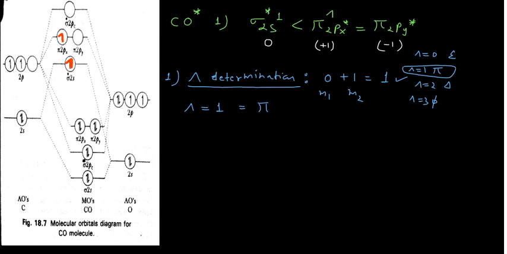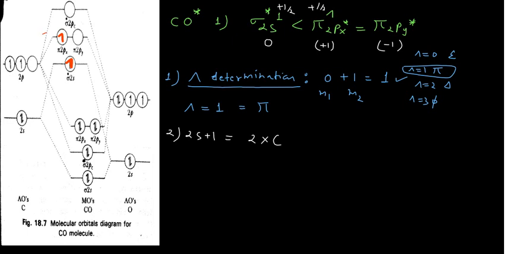Now in the second case, you will determine the spin multiplicity, so that would be 2S plus 1, that means 2 multiplied by the spin of these two electrons. So this will have plus half, this will also have plus half. You see, both have parallel spins, right?